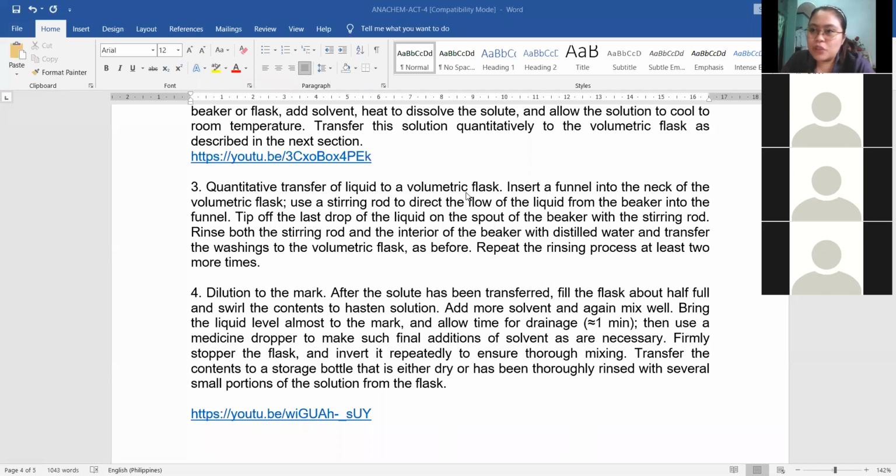I-wash mo siya with water to thoroughly get rid of those particles na dumikit sa side ng beaker, and then i-transfer lahat doon sa volumetric flask. And then dagdagan mo na lang siya ng water hanggang doon sa kanyang graduation mark. So we call it dilution to the mark.